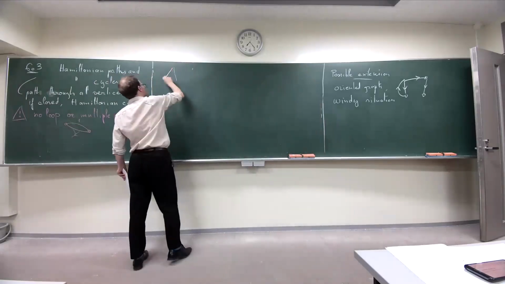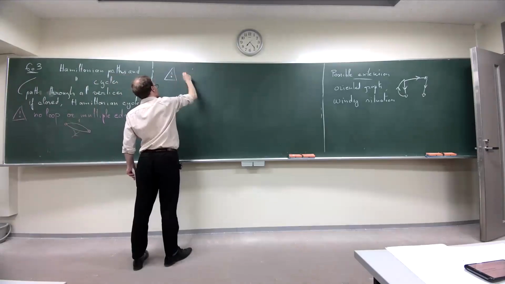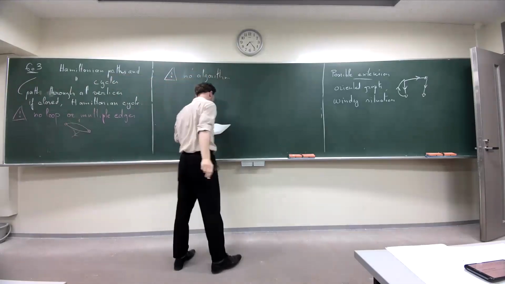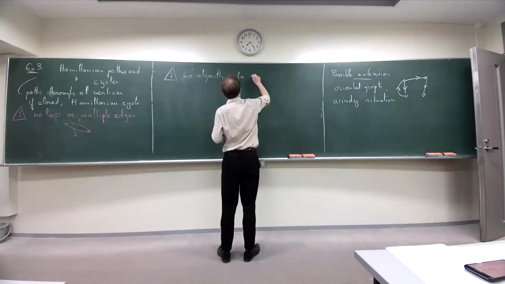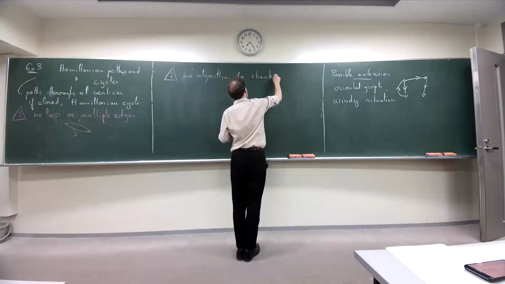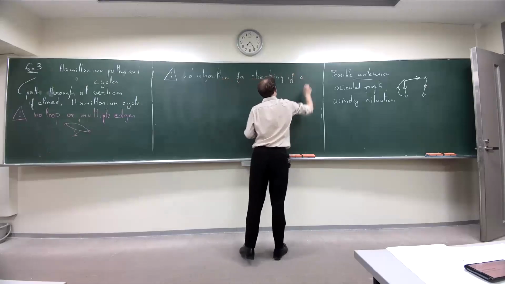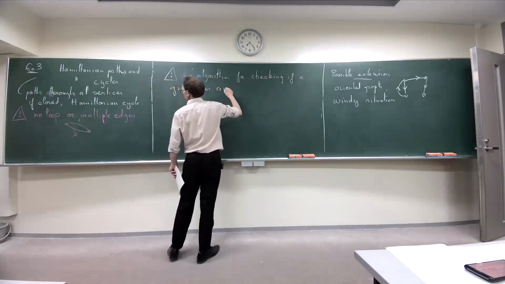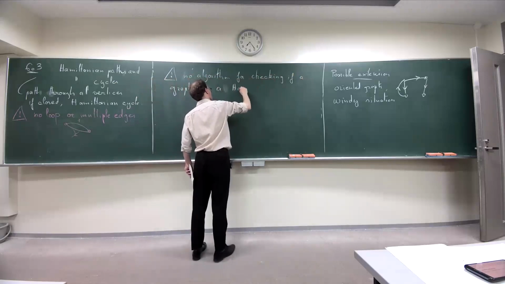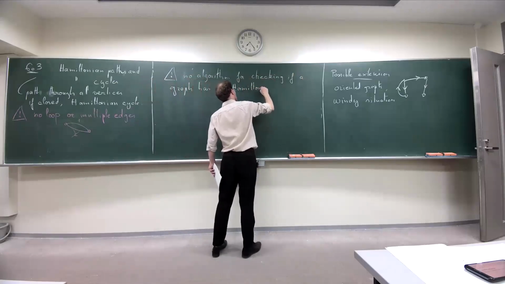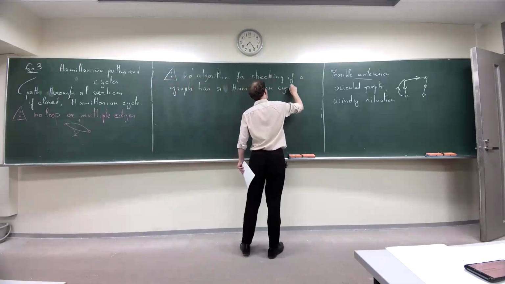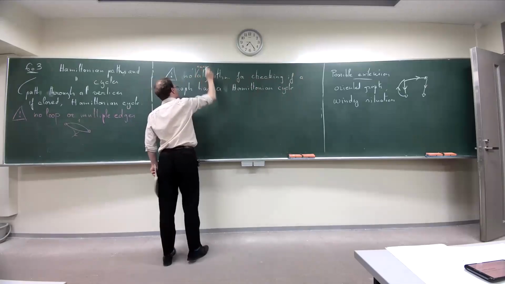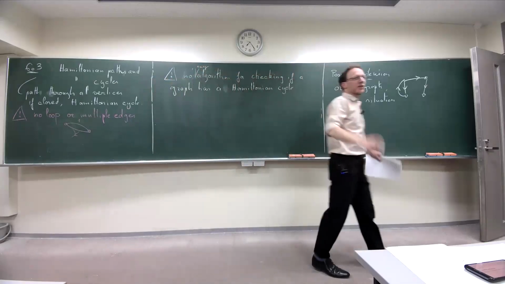But as it was mentioned, there is no algorithm for checking if a graph has a Hamiltonian cycle. Oh, I should say no easy, because you can check all solutions and then you decide.